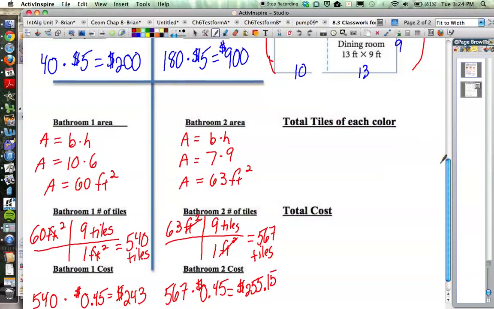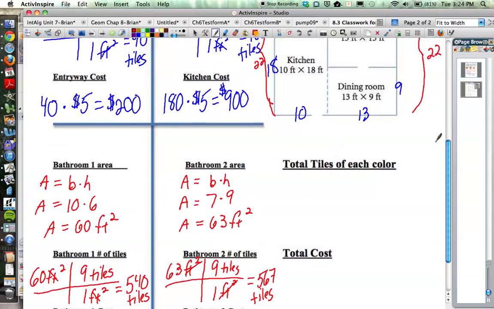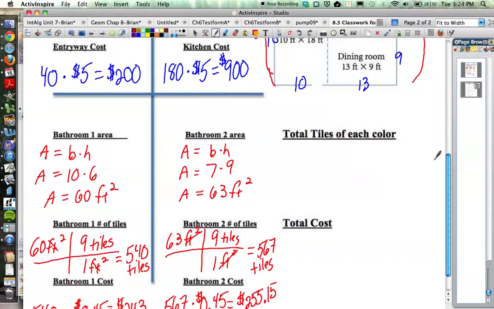So how many tiles do we need here? Well, let's just take a look at all of our work. Now that we've nicely organized all of our work, this last step is pretty simple. Terracotta tiles, how many did we have? Well, we figured out that we need 40, and then we need 180 for the entryway and the kitchen.